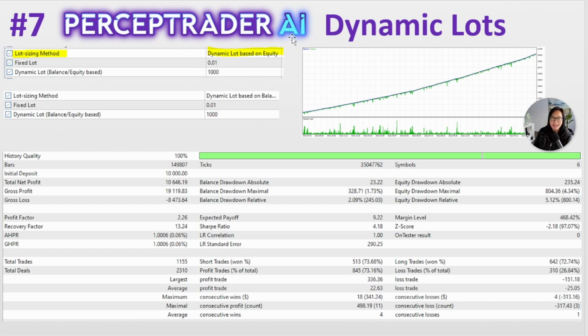If you take a look at the settings I've got on the top here, for every $1,000, I am trading at 0.01 lot size. So my account is a $10,000 account, and the first lot size would be 10 times 0.01, which is 0.1 lot size. And as the account grows, you will see the lot size grow and increase as your account grows.